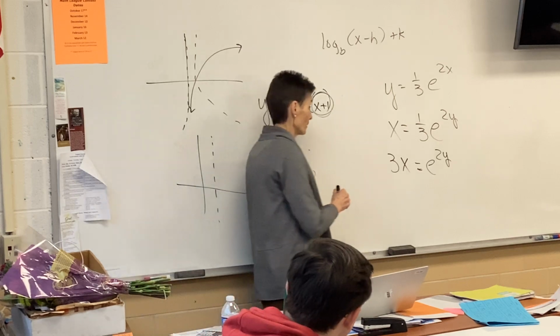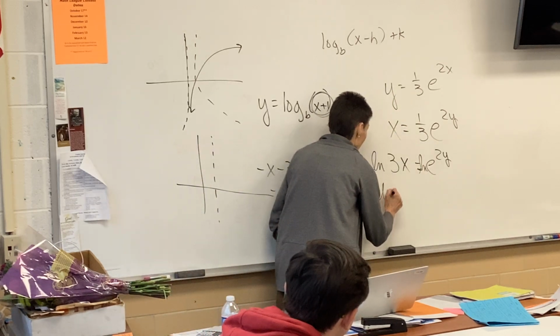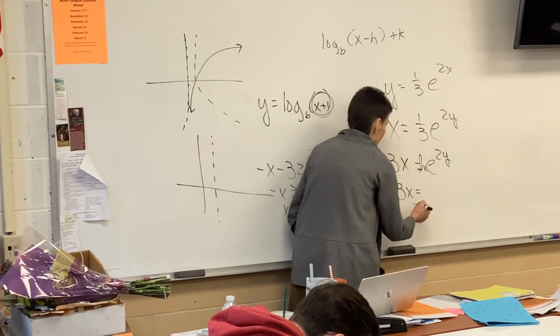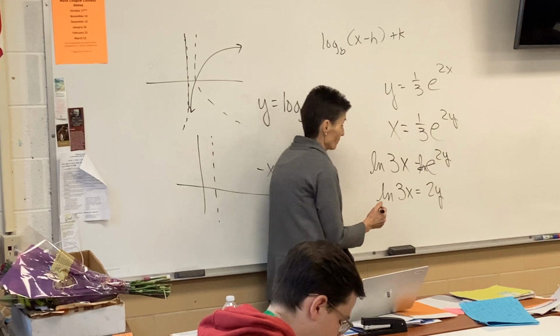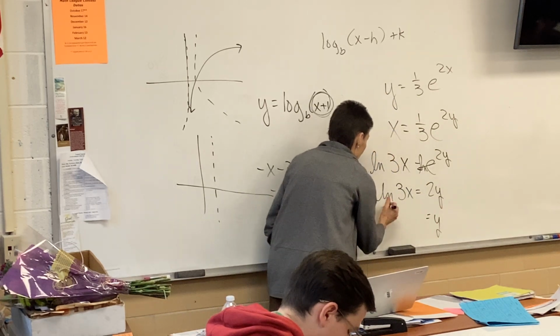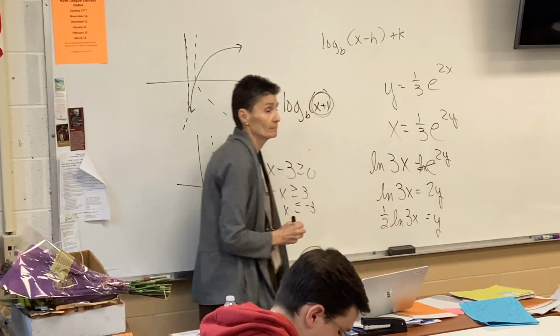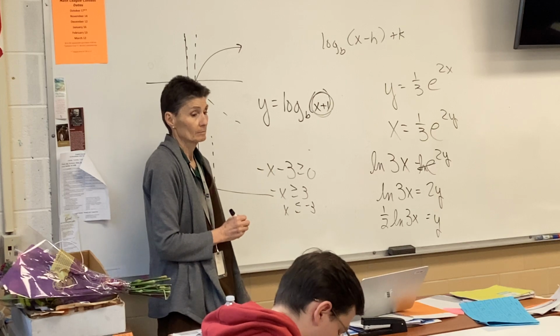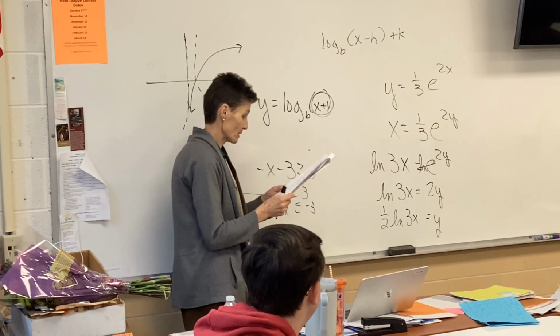Natural log. Logarithm, yep, natural log, beautiful. And so ln 3x is going to equal 2y. And your inverse function is 1/2 ln 3x. Good work. I hope that's one of our answers.